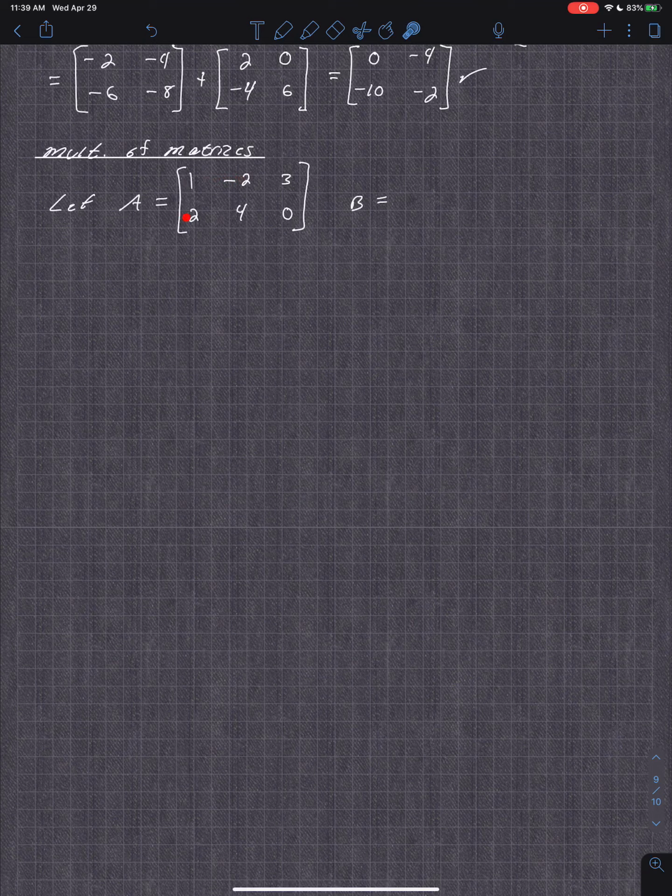It's 2 rows by 3 columns, so this is a 2 by 3 matrix. Very important, keep that in mind. And then B is -1, 1, 3, 0, -2, 4.